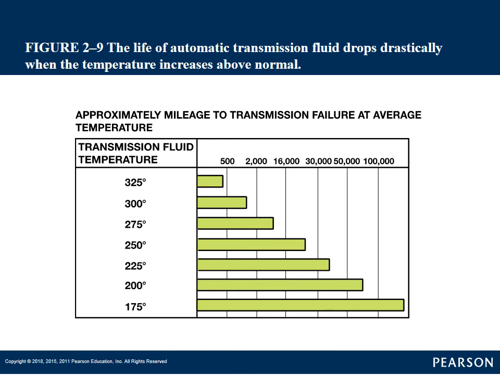Here's a chart to kind of show you that correlation. If your transmission operates at higher than an ideal temperature, you can expect to service that transmission more often. A lot of transmissions nowadays, they tell you at 100,000 miles. We'll get into servicing it. I usually try and do it before then, but the main point of this, you can see 175, that's right in your ideal range.